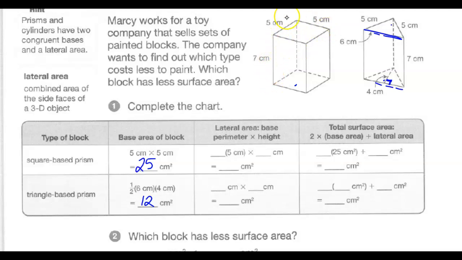So what's that perimeter when it's folded out into a net? So the perimeter of the base, either at the top or the bottom, there's 4 of those sides of 5, and then the height of that is 7. So 4 times 5 is 20, times 7 is 140.